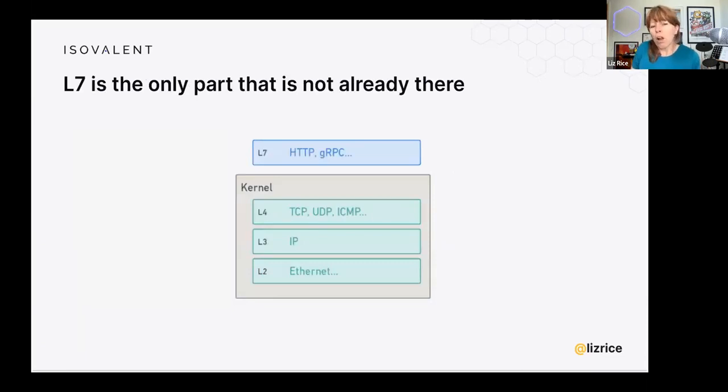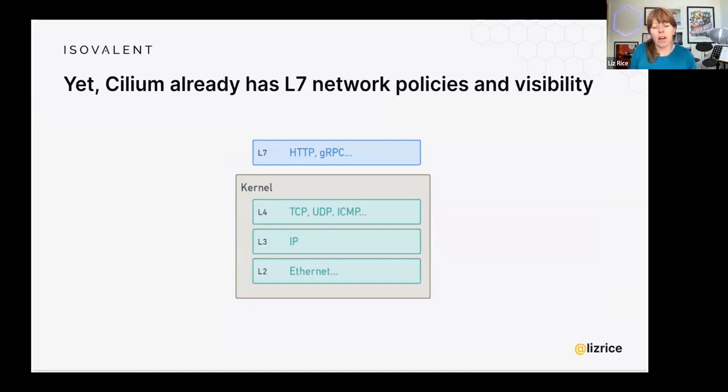Well, a lot of this is there, but layer 7 functionality isn't implemented in the kernel yet. But maybe some of that we can implement in eBPF and essentially extend the kernel to provide that functionality. Now, I think one of the interesting things about Cilium is that we already have layer 7 network policies.